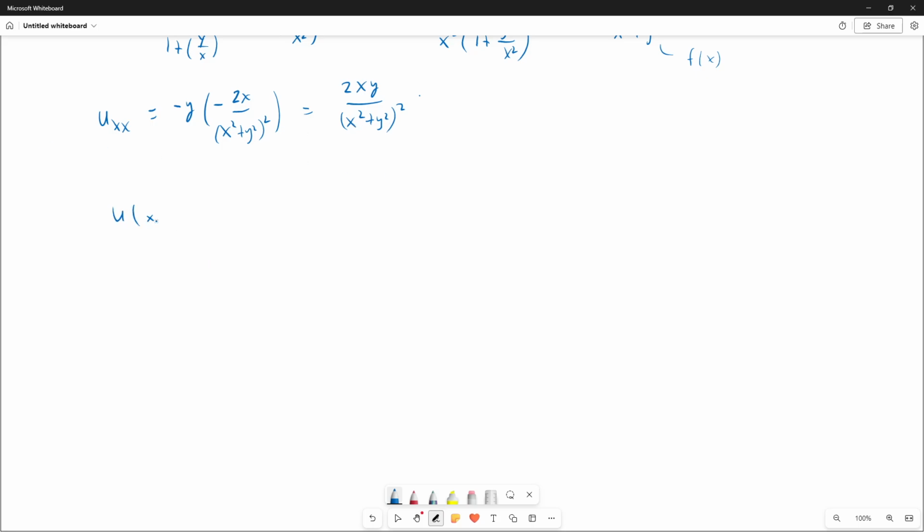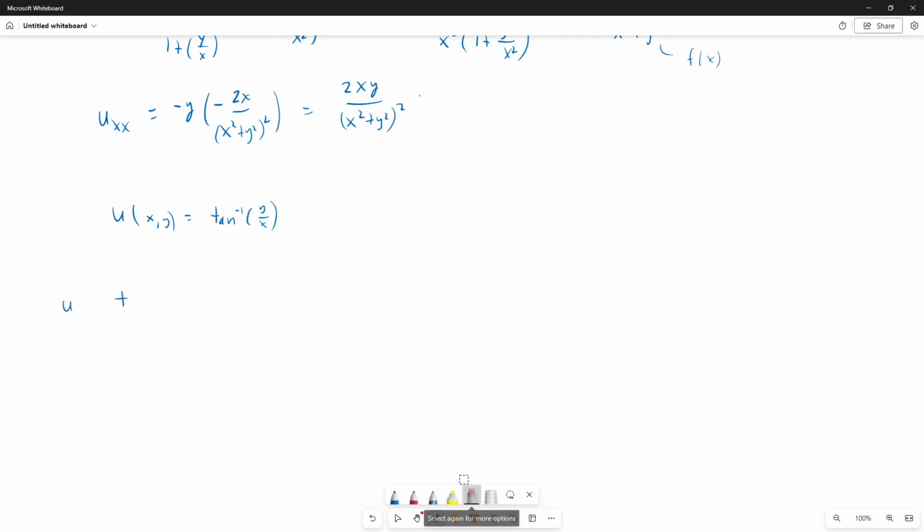Again, u of x, y is the inverse tangent of y over x. Now we want the derivative with respect to y. So u sub y, by the chain rule, the derivative of inverse tangent, 1 over 1 plus the inside squared, and then times the derivative of the inside. This is just y over x. x is a constant, and so we're taking the derivative with respect to y.